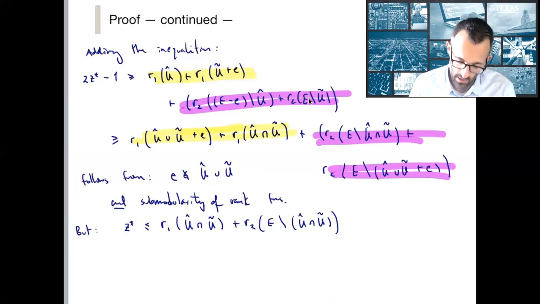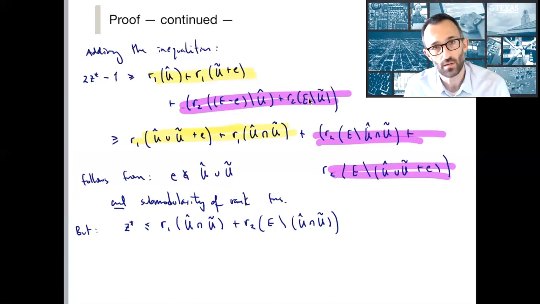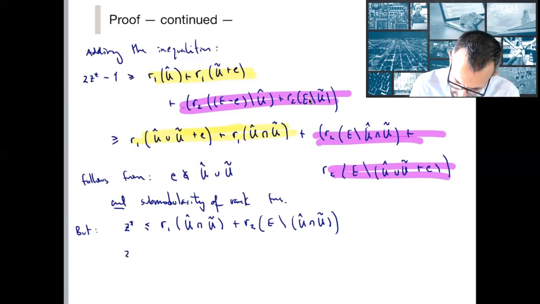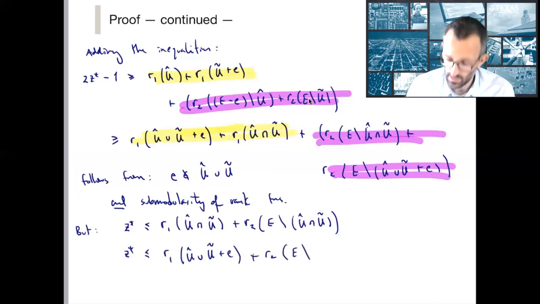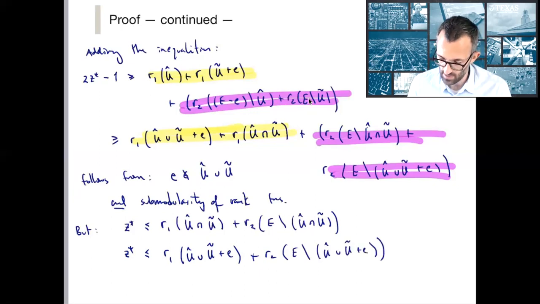And we can also apply it to the union of U hat and U tilde plus the element E that's in neither of them. So I also know that Z star is less than or equal to R1 of U hat union U tilde plus E, plus R2 of the complement, E minus U hat union U tilde plus E. But now we see that we have a problem because I guess I've color coded it already.